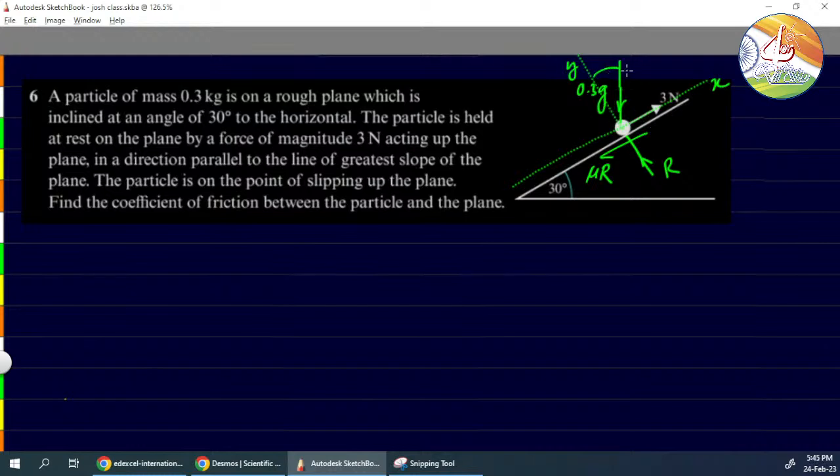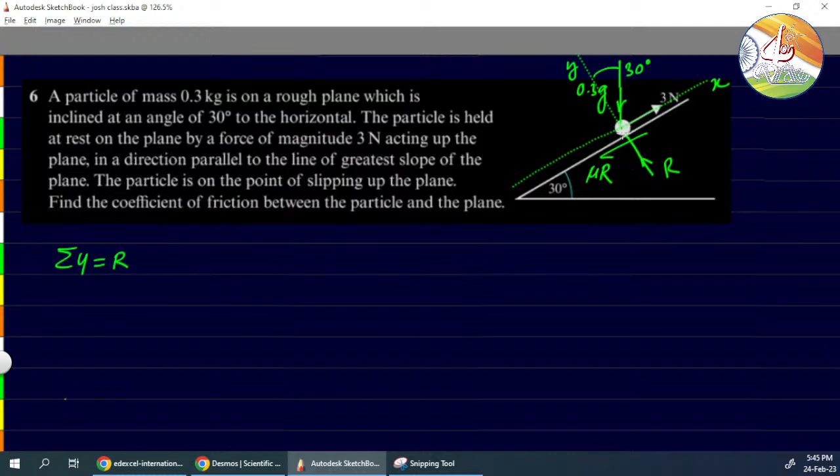This angle will be 30 degrees. So now let's take the components. First the y components. R is acting upwards. Which other components will we get? 3 Newton is in the x direction, mu R is also in the x direction.